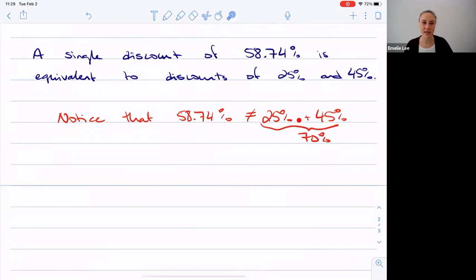Remembering that you can't just add these two up, you have to take into account that first it was 25% off and then it was 45% off that, which would make a single discount of 58.74. Okay, that's really important.